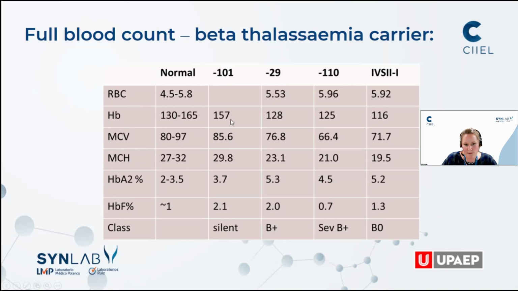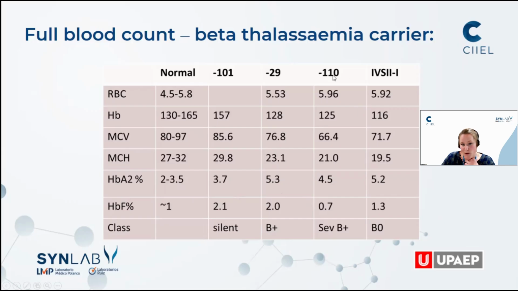The second column is a very mild silent beta thalassemia mutation, so you can see that the red blood cell indices are not affected. The next column, minus 29, is a beta plus thalassemia mutation, so you have a slightly reduced hemoglobin and a slightly reduced MCV and MCH. I'll go on to the last two boxes in a minute. HbA2 and HbF are the protein assays, which we'll talk about shortly.